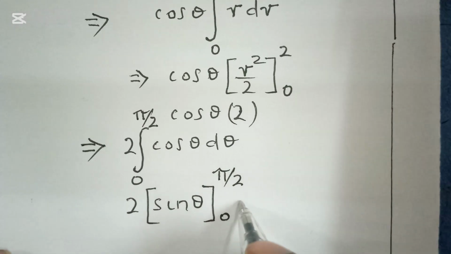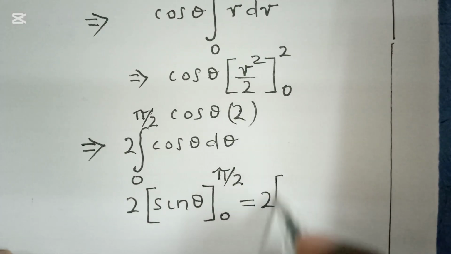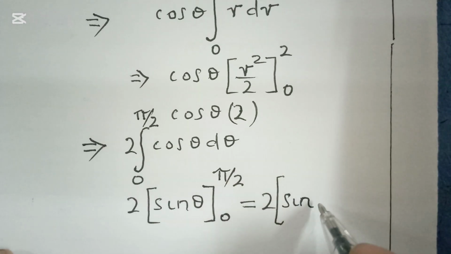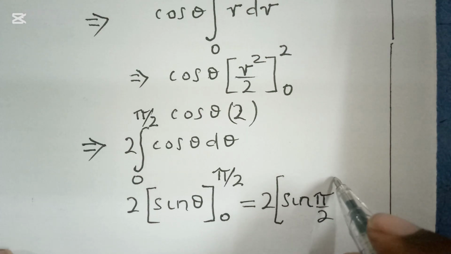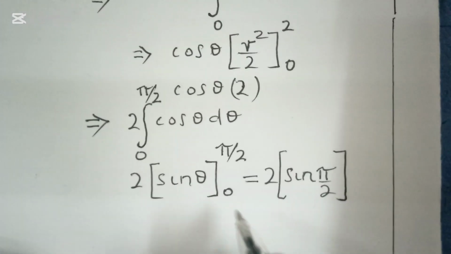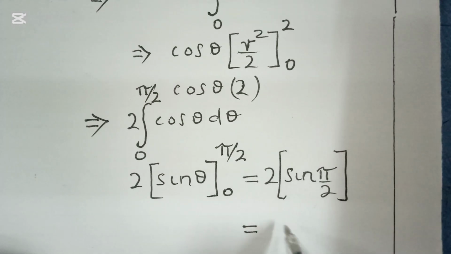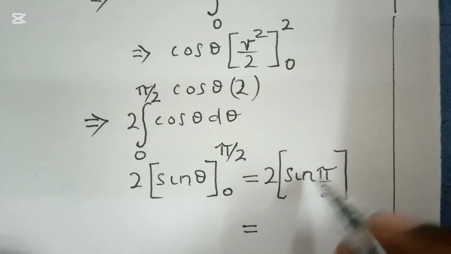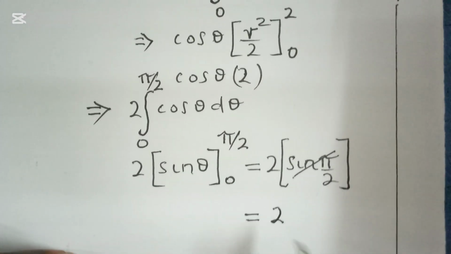So this is now going to be 2 times sine pi over 2 minus sine 0, which is 0. So this is now going to be our solution. Sine pi over 2 gives us 1, and so therefore our solution is going to be 2.